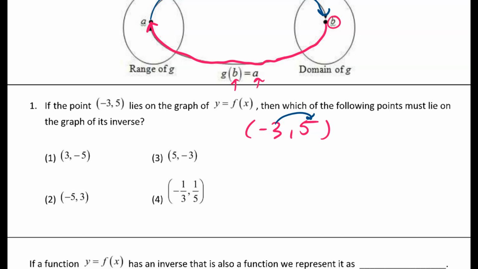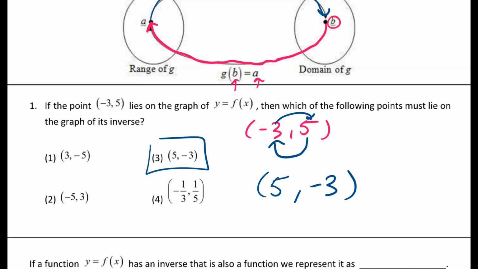It should send my output of 5 back to negative 3. So that relationship would be if I plug in 5 to my inverse function, I should get back out negative 3 as an output. So (5, negative 3). Really what we're doing here is just swapping x and y. So that's a quick trick to figure out some points that could be on your inverse function.